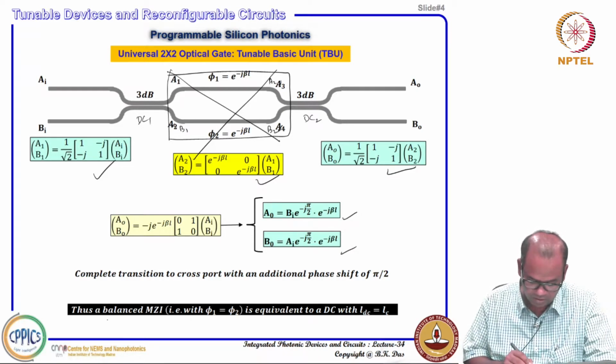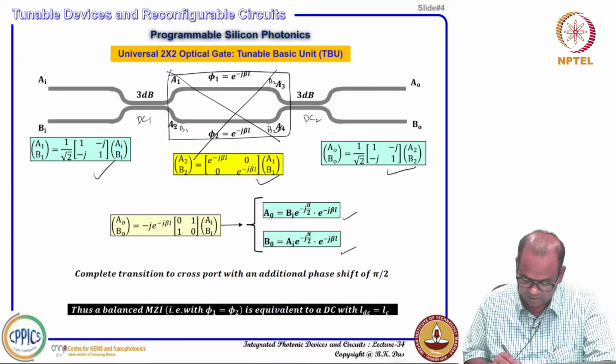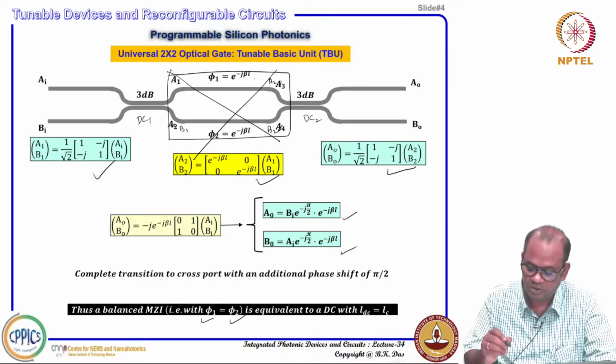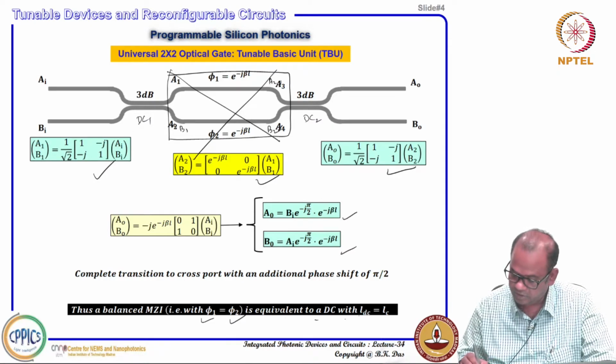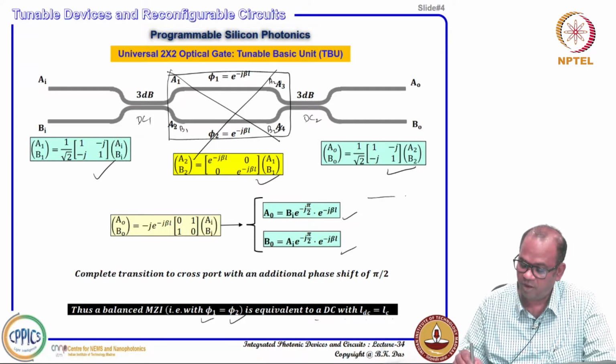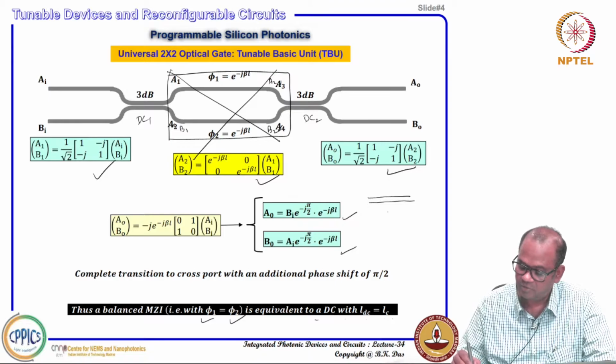That is what, thus a balanced Mach-Zehnder interferometer with phi 1 equal to phi 2 is equivalent to a DC with LDC equal to LC. So, if you have a directional coupler length LDC equal to LC, that means cross coupling length, then if you launch here it will directly appear in the cross port, and if you launch here it will directly appear in the bar port.